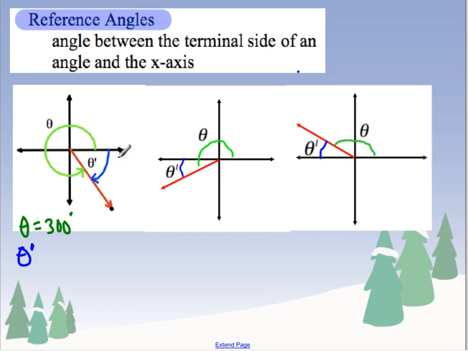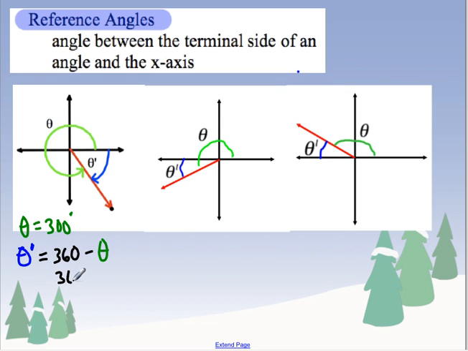If the whole circle is 360 degrees and I've already gone 300, then that means that this little chunk right here is 60. So what you're doing essentially is you're taking 360 and you're subtracting off the angle that you were given. So in this particular case, we're going to get 60 degrees.